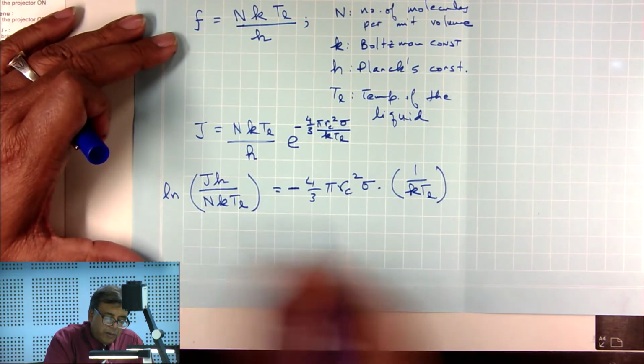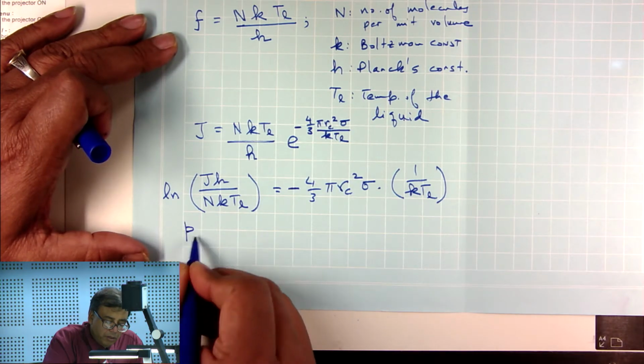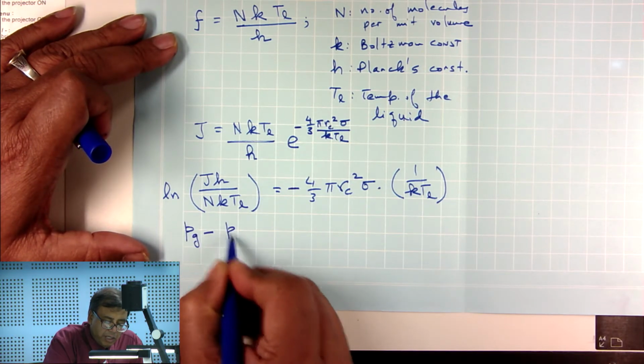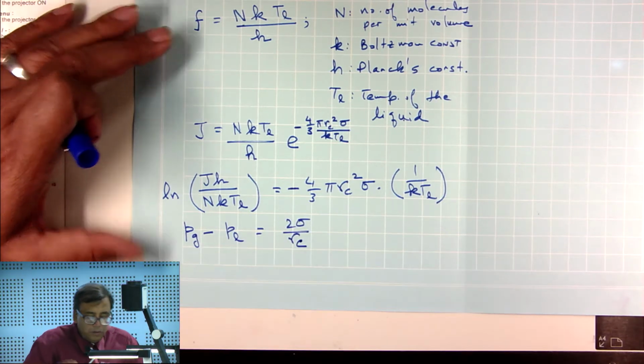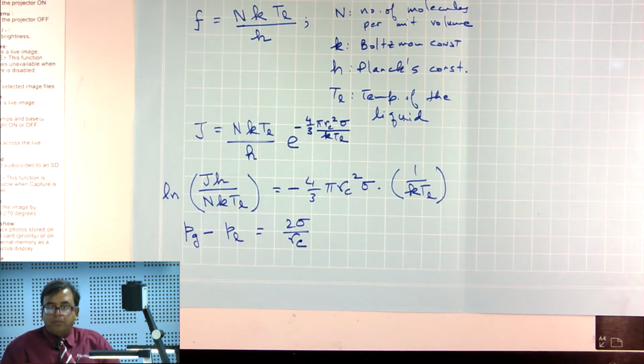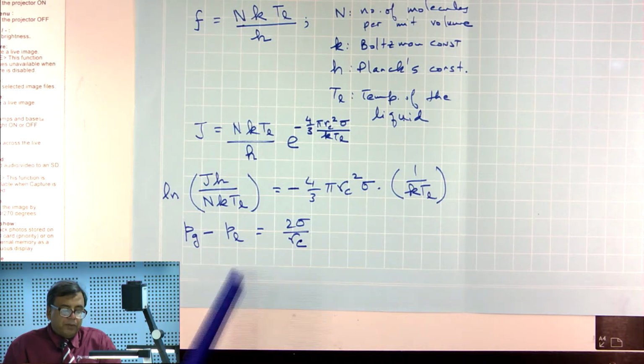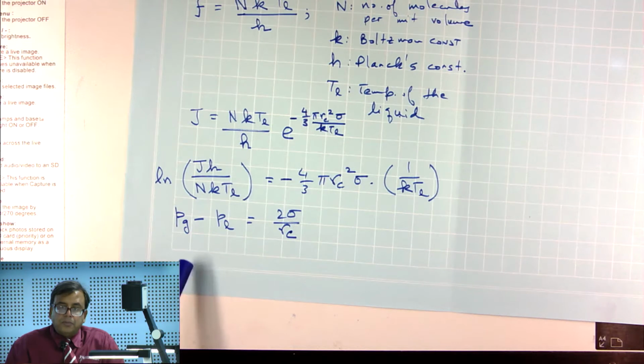And the second equation I have is my P G minus P L should be equal to 2 sigma by R C. Okay. I know the pressure of the liquid, I know the pressure of the system.